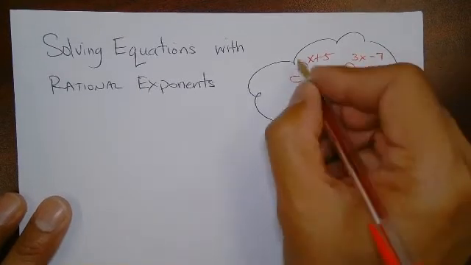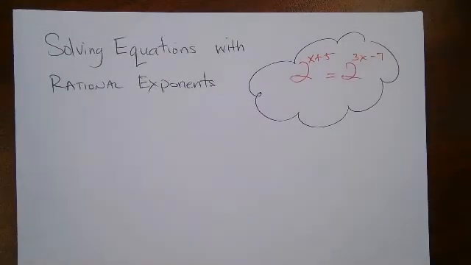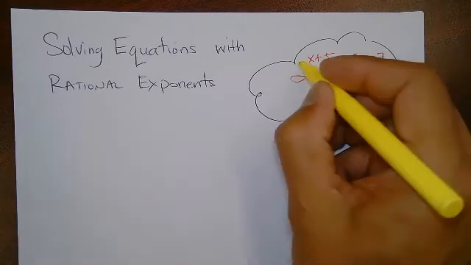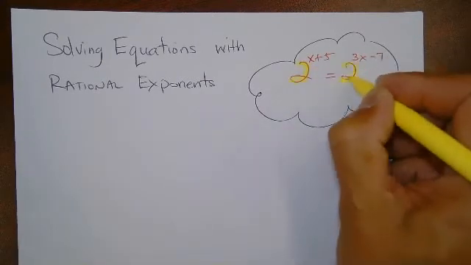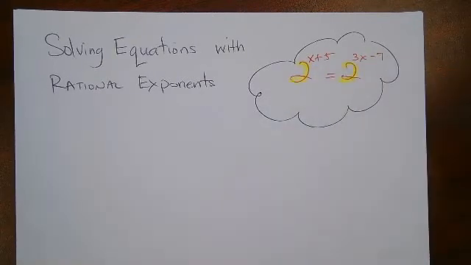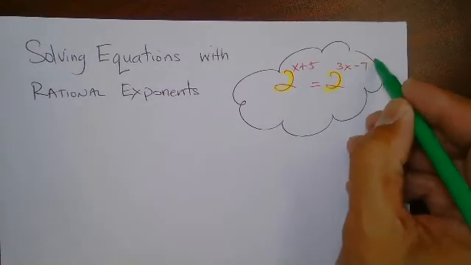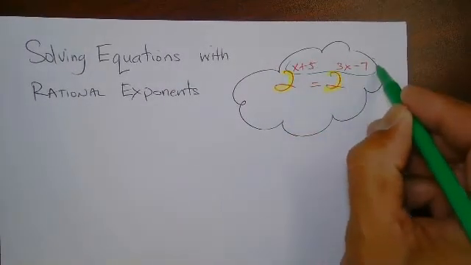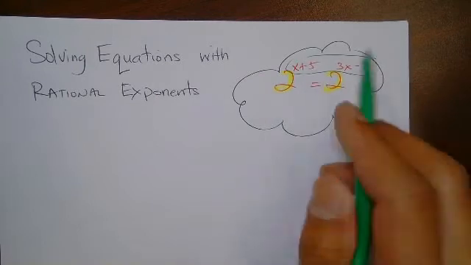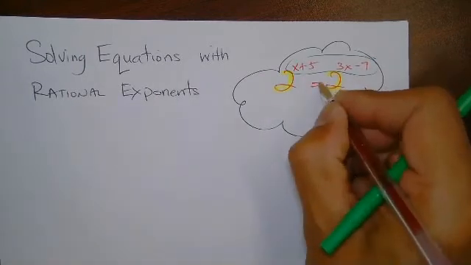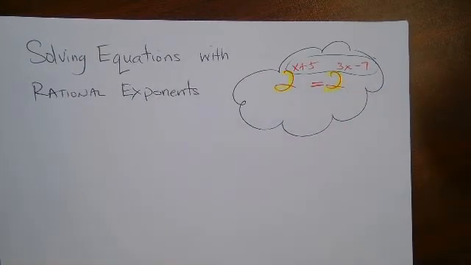We want to be able to get the same base. And once that's true, then we're able to set the exponents equal to each other and solve it.